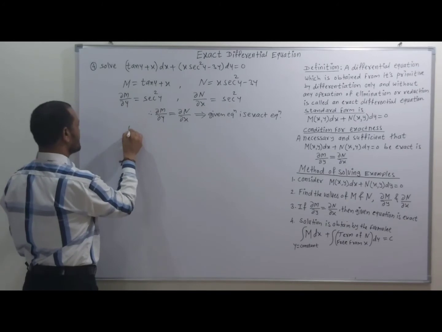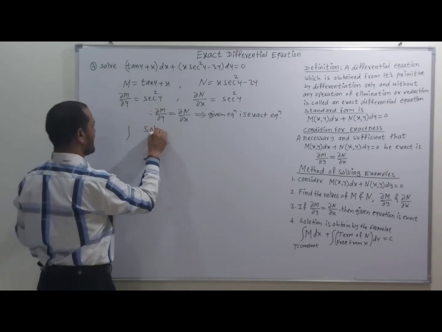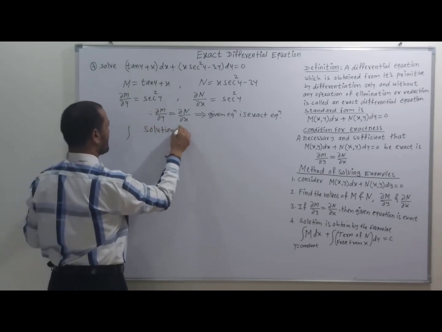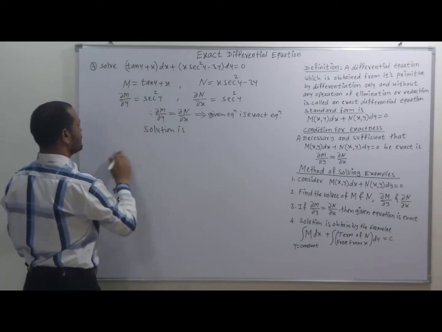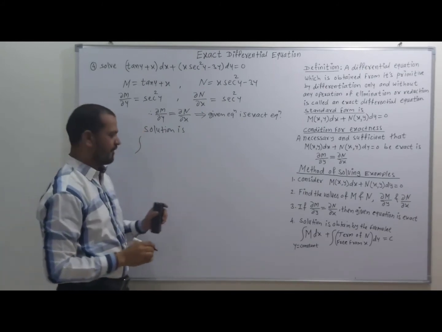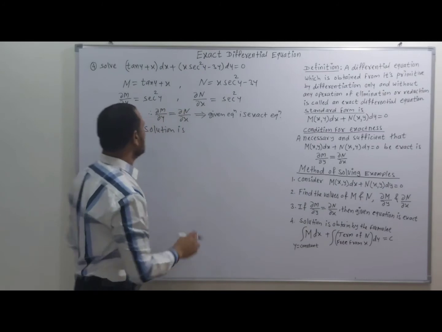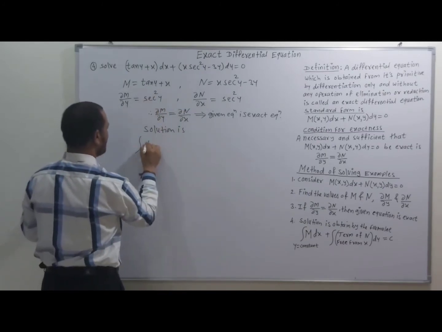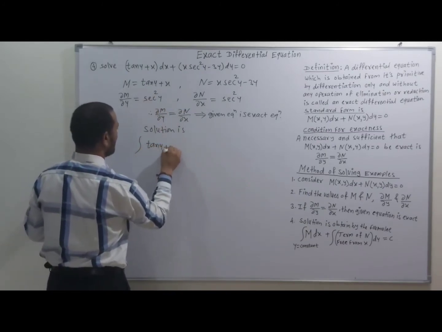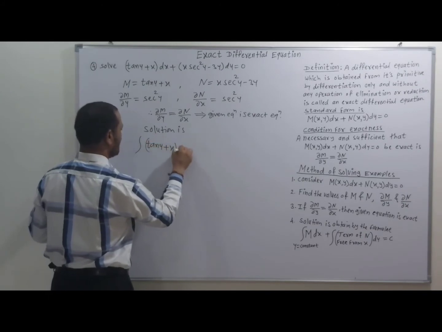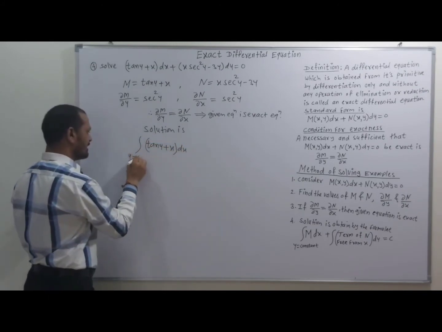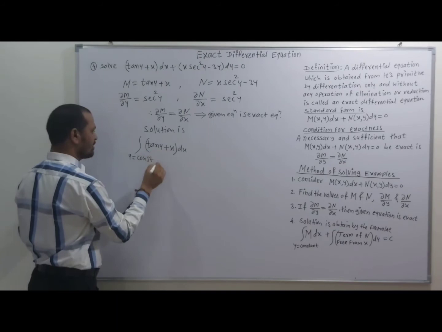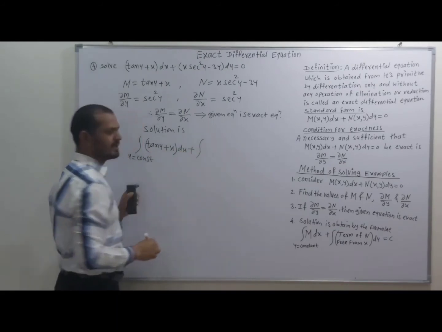So we write this solution as integration of m dx. So value of m is here tan y plus x dx. In this first integration, y is constant plus integration.